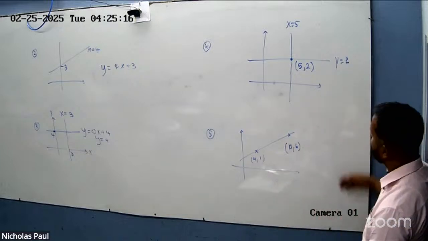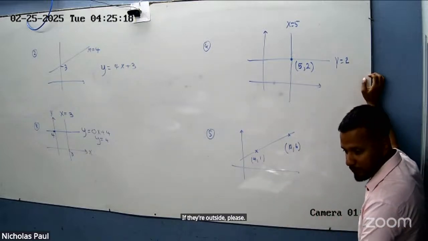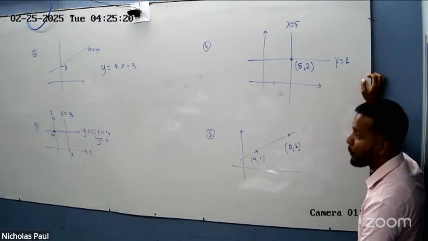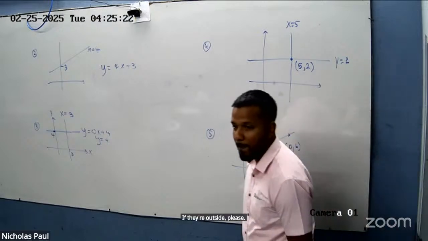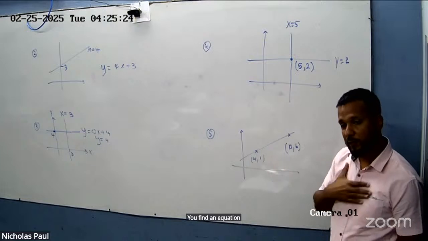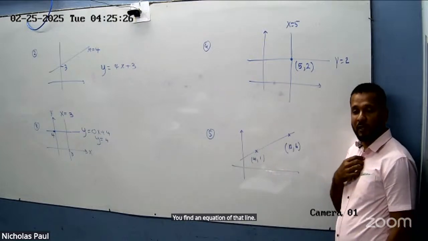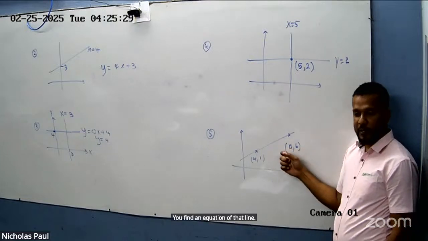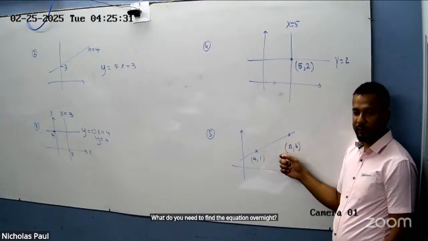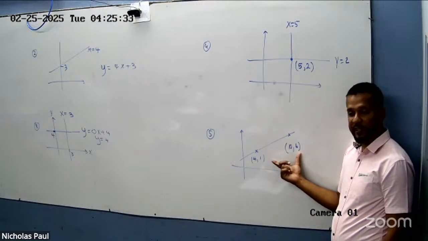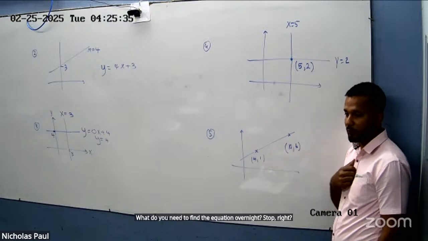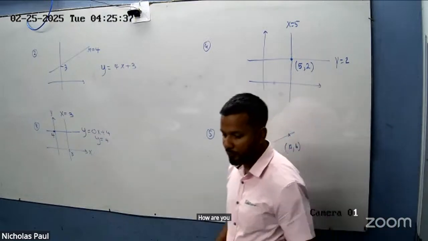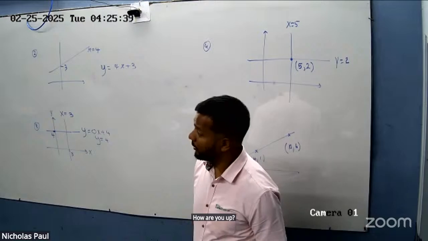If they ask for the equation, you've got to give the equation. Find the equation of that line. What do you need again, Nathan? What do you need to find the equation of a line? You need the gradient and the y-intercept, right? Hurry up.